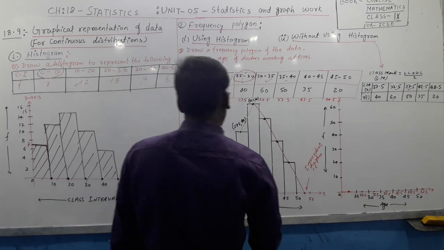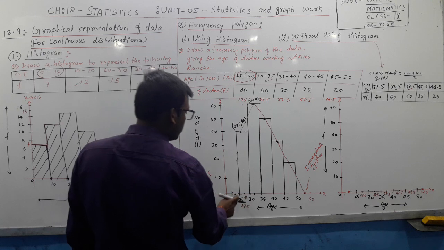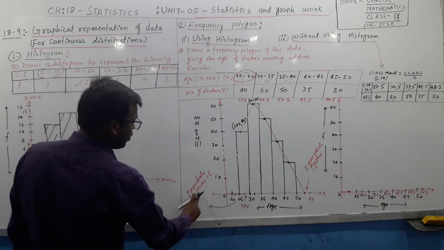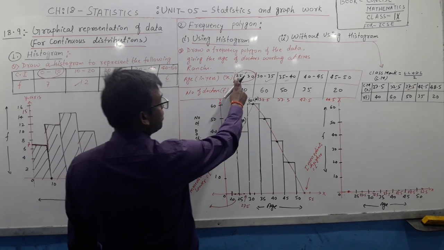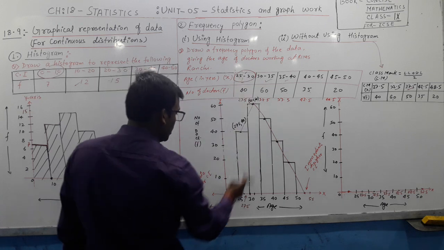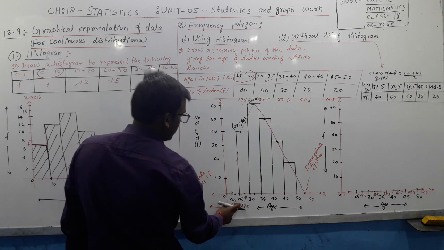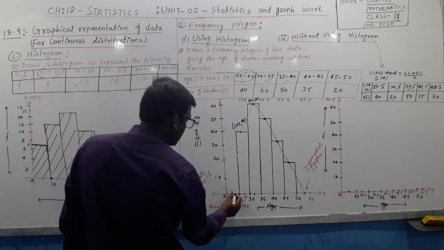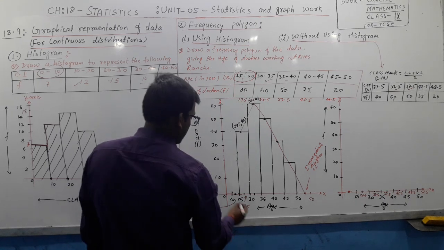After that you also take one more class interval, called the immediate lower class interval. That means just before 25 to 30 will be 20 to 25. So this will be here. That means 20 plus 25 divided by 2, the middle value.